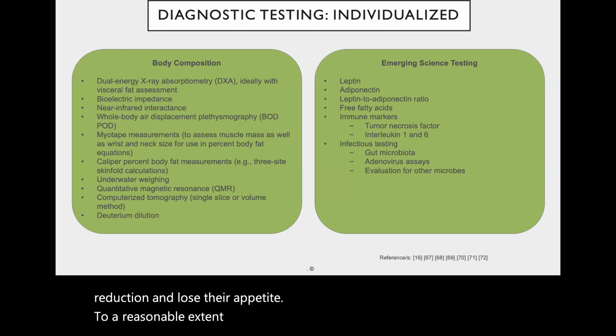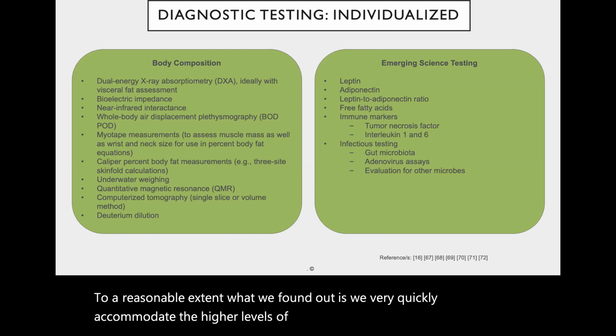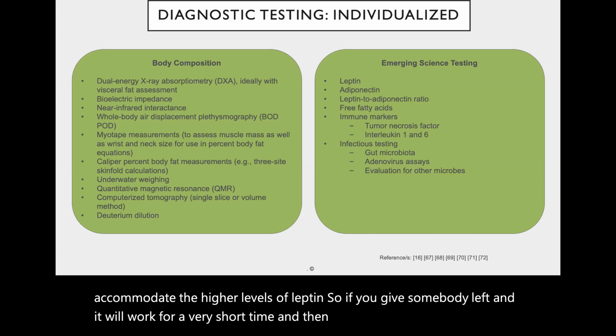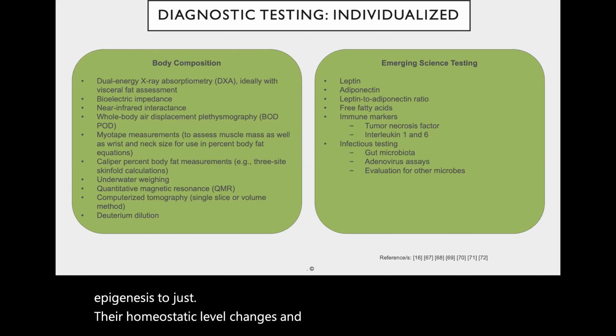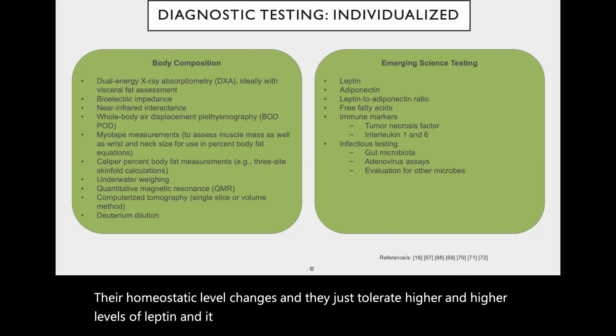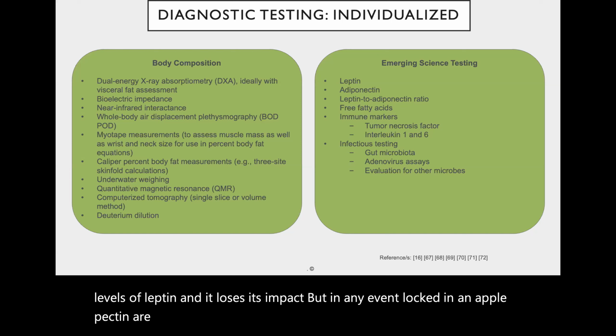What we found out is we very quickly accommodate the higher levels of leptin. So if you give somebody leptin, it'll work for a very short time, and then their homeostatic level changes, and they just tolerate higher and higher levels of leptin, and it loses its impact. But in any event, leptin and adiponectin are things that can be looked at.